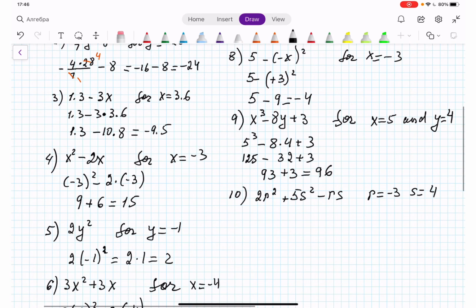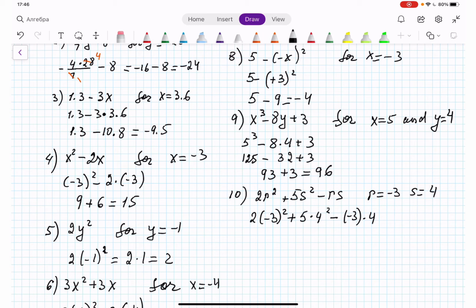Okay, 2 times negative 3 squared plus 5 times 4 squared and minus negative 3 times 4.